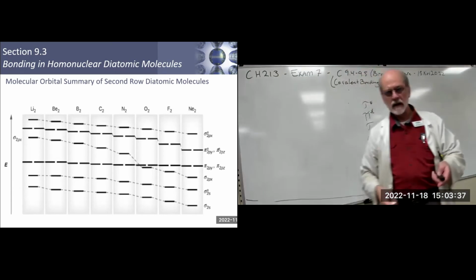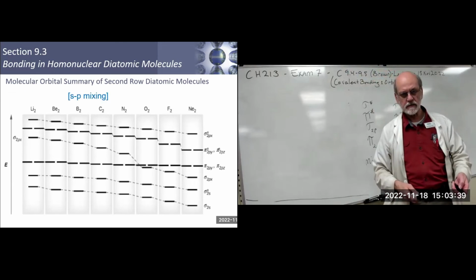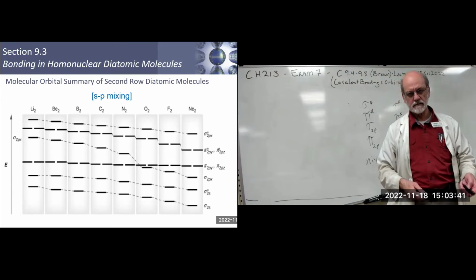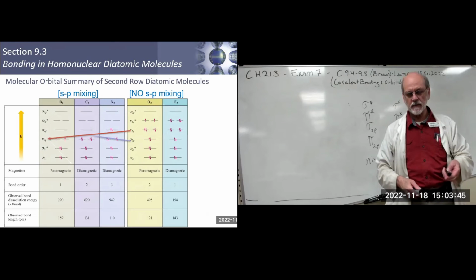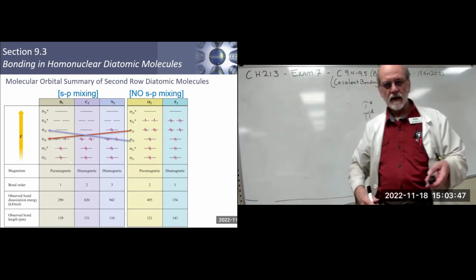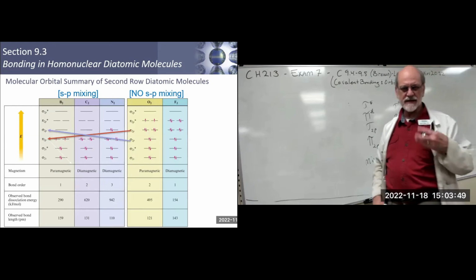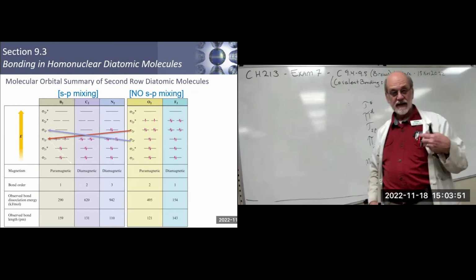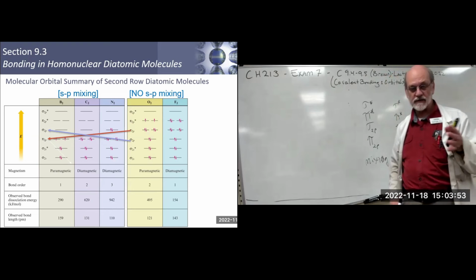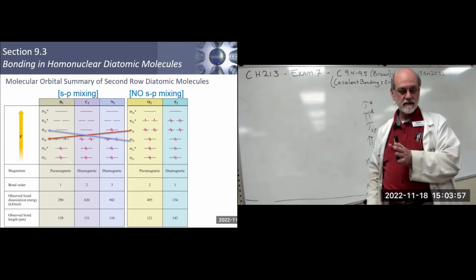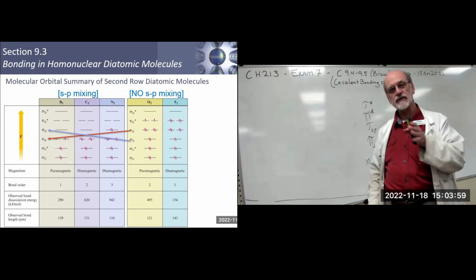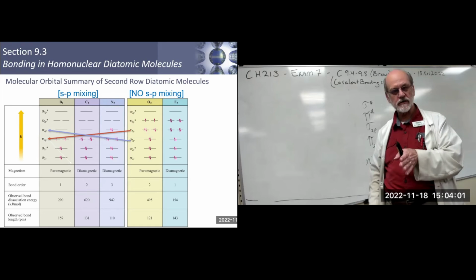Let's see. Next. There we go. This is another diagram which adds a little bit more information. In fact, it adds electrons for the elements. And notice we've got the no mixing on the right, and the breaking line is between dinitrogen and dioxygen.